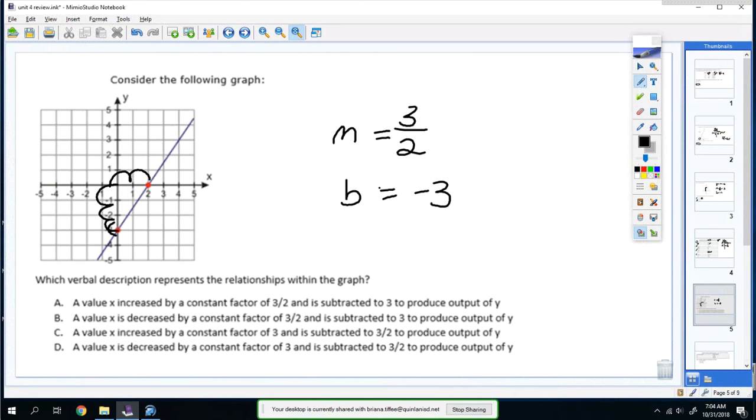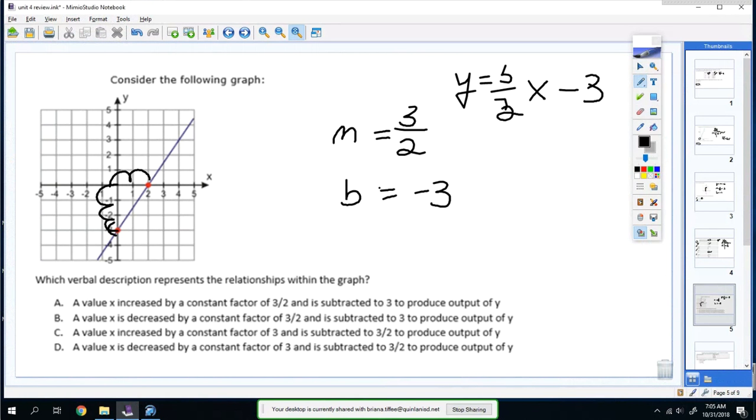So basically, what the equation would be is y is equal to 3/2 x minus 3. So my x value is being increased at a constant factor of 3/2 and then being subtracted by 3.